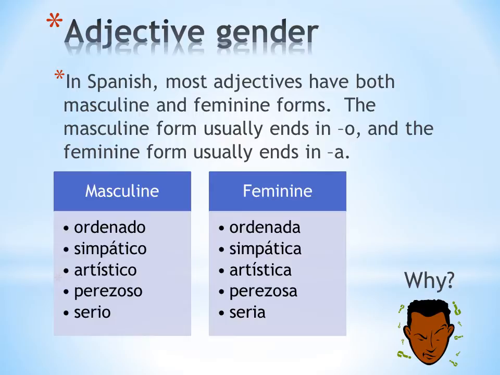Simpático, simpática. Artístico, artística. Perezoso, perezosa. Serio, seria. Why do you think it might be that adjectives can have both masculine and feminine forms?